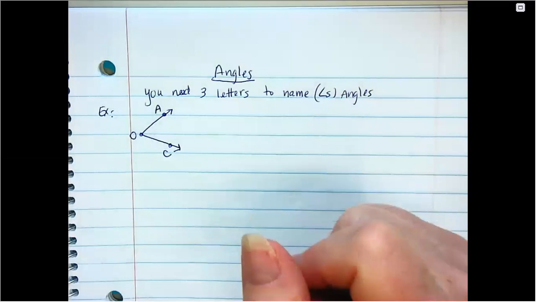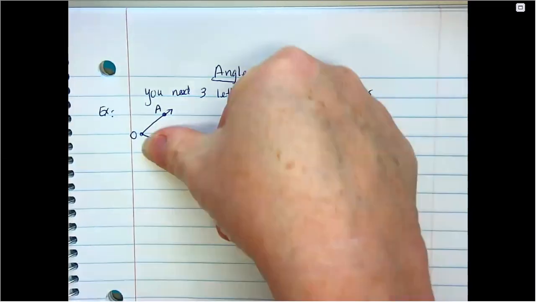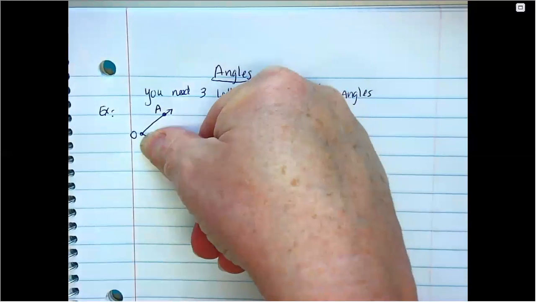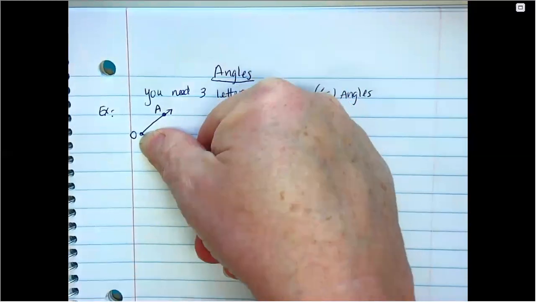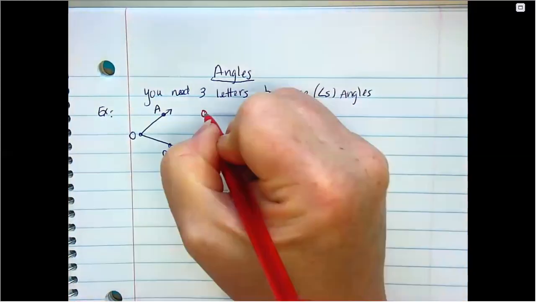If I look at just this part, we have a ray that starts at point O and goes in the direction of A. So we'd have ray OA.